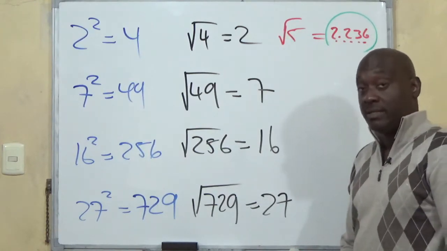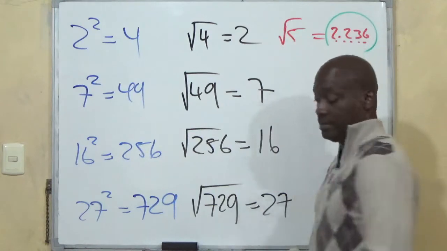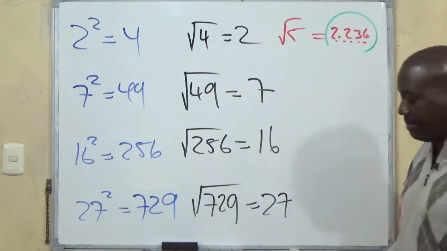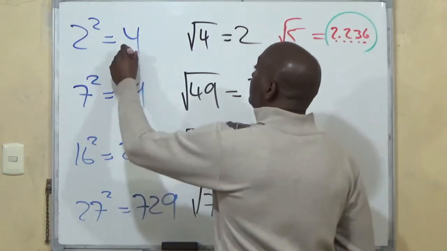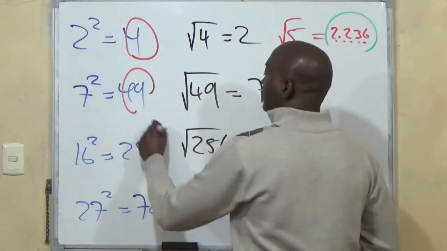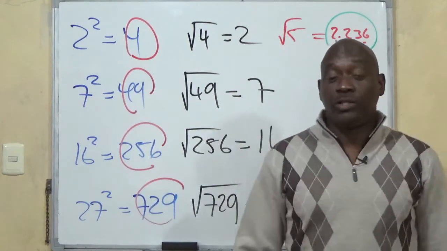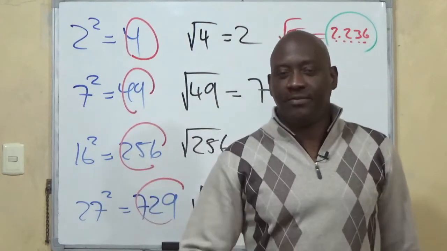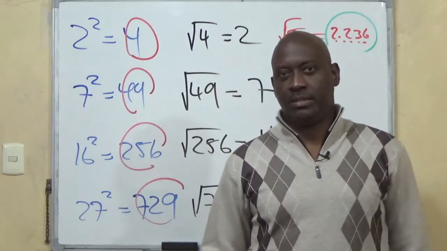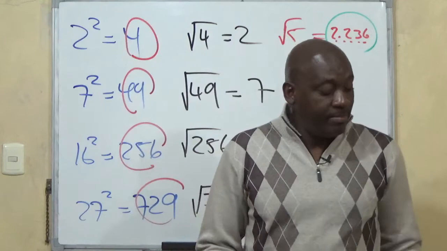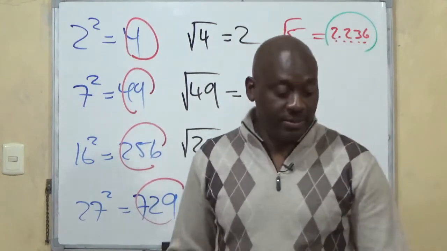Which means that, I'm marking 4 letters now, the number 4, the number 49, the number 256, and the number 729 are what we refer to as perfect squares. Alright?